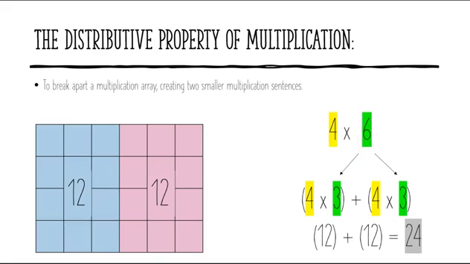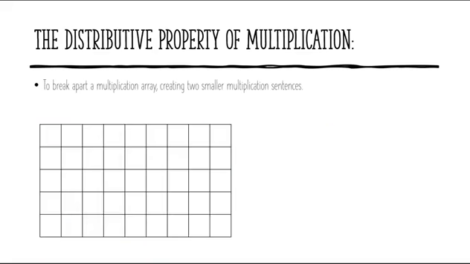Are we getting the hang of it? Let's try another. This multiplication array shows 5 rows and 9 columns.